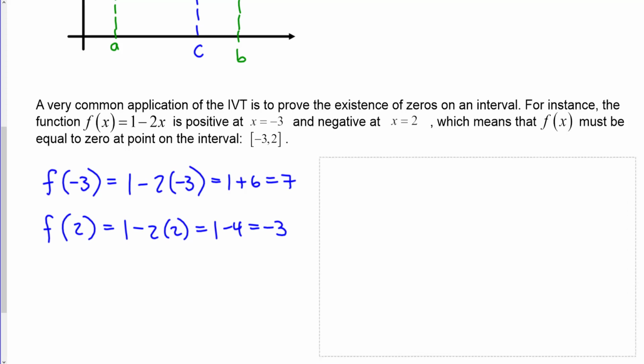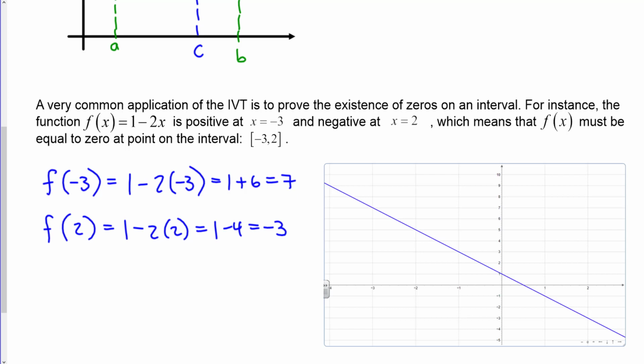Let's look at its graph. Of course, it's a line, and I have negative 3 right here on my x. So at negative 3, what we see is the graph is at 7, just as we predicted, and it's a positive value. And then where x is 2, here is my function down at negative 3, just as we expected.